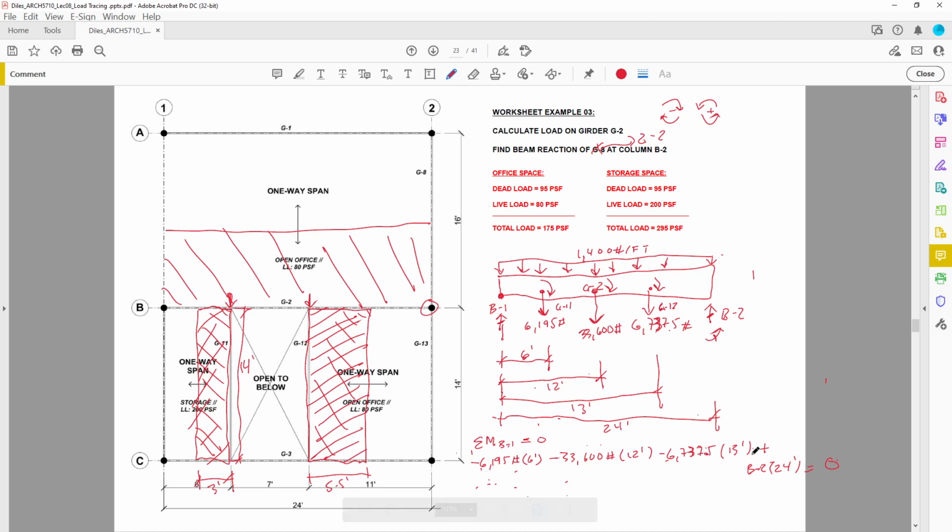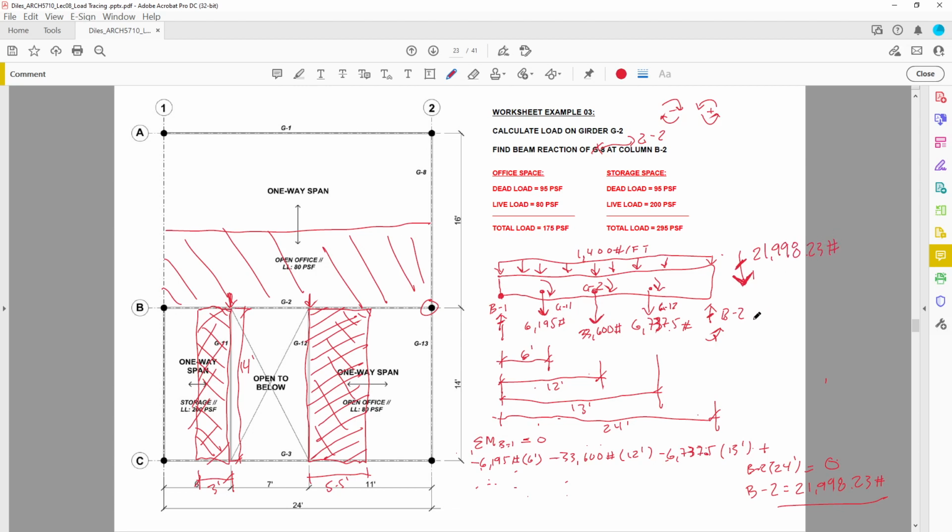And if we crunch the math on all of this, B2 equals 21,998.23 pounds. All right, so the force at this end is 21,998.23 pounds.